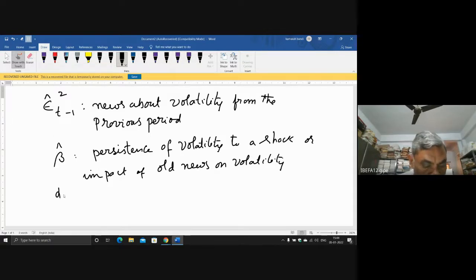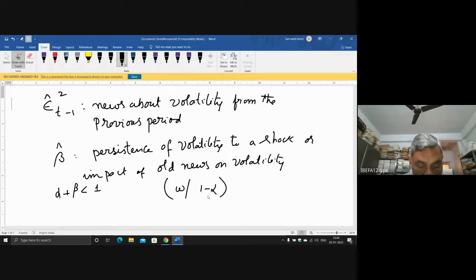So in a GARCH model, alpha plus beta is less than 1. The unconditional variance of epsilon t has an additional parameter, like we have worked out earlier: omega upon 1 minus alpha.